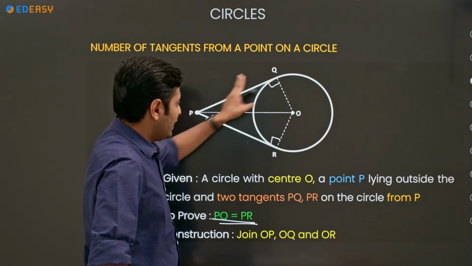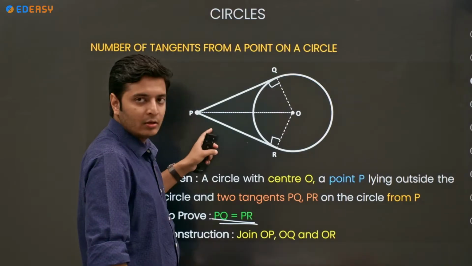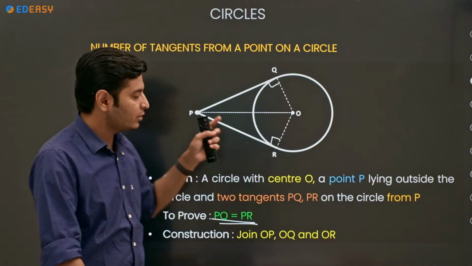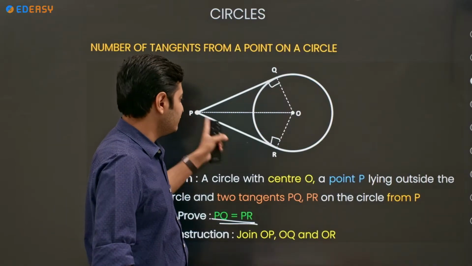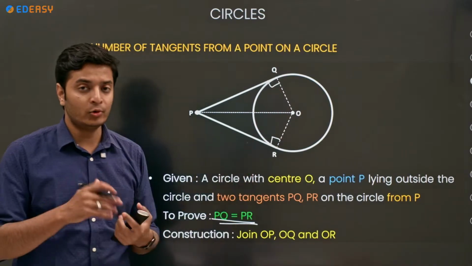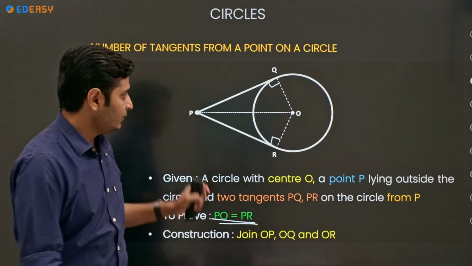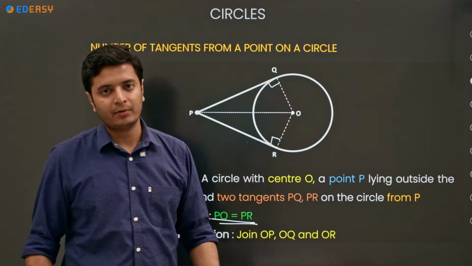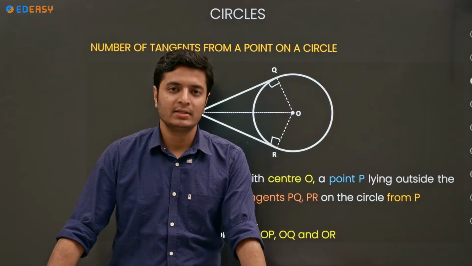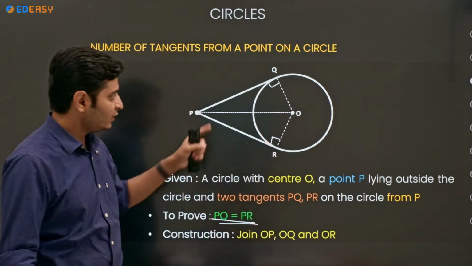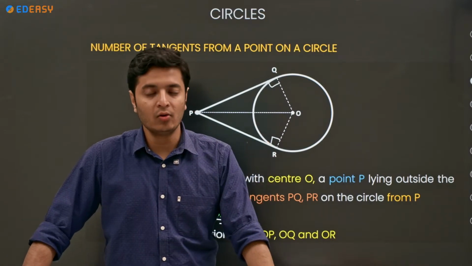Now I can see two triangles. The first one is PQO, the second one is PRO. Both the triangles are right angle triangles, correct? In the triangles chapter, we understood the concept of similarity, but in 9th class, we understood the concept of congruence.